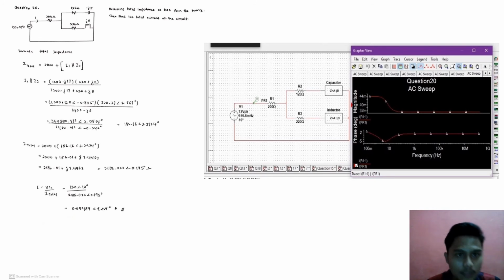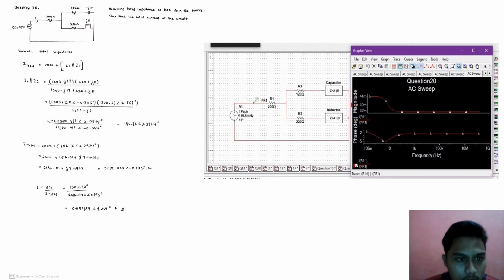The last one is question 20. Determine the total impedance. The formula for total impedance: Z total equal to 2000 plus bracket Z1 parallel to Z2.